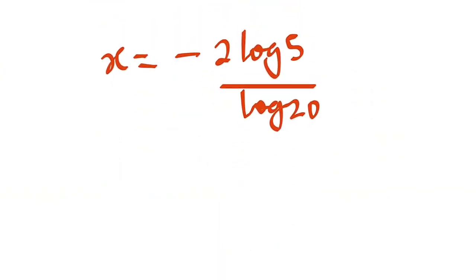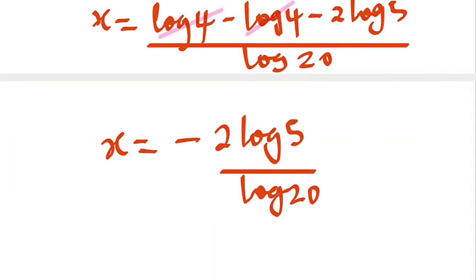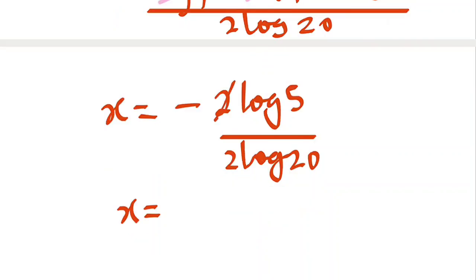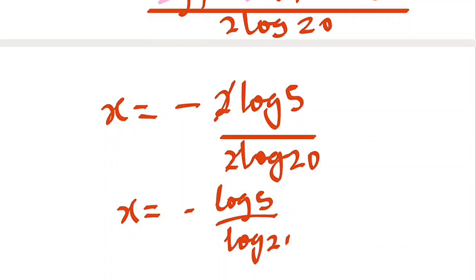So we've omitted it, so we have to put it here. We put the 2 here. So finally we have x, and you can see that these 2 cancel, we're going to have minus log 5, then divided by log 20. Alright, so that is where we're going to stop, and that's our solution.